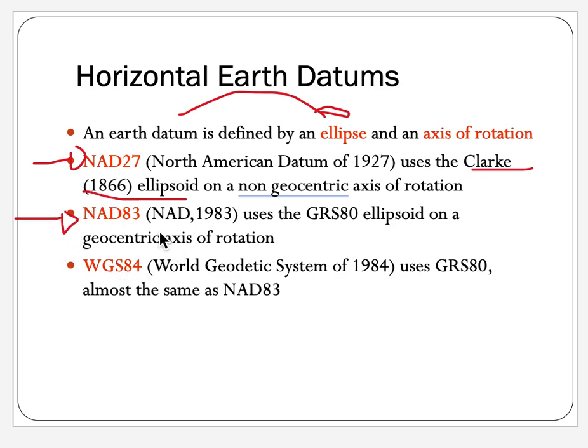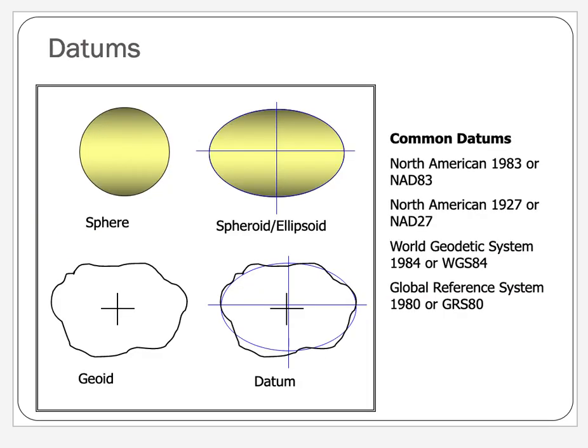It has more accurate geographic coordinate points, and it uses the GRS 80 ellipsoid. And the WGS 84 uses the GRS 80, so it's almost the same as the NAD 83. And again, common datums: NAD 1927, NAD 1983, WGS 84 and GRS 80.